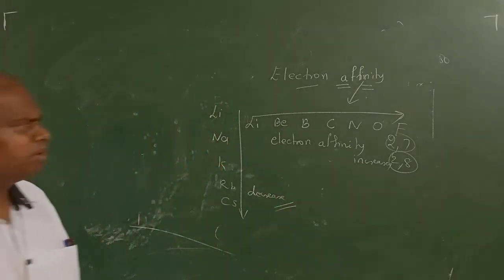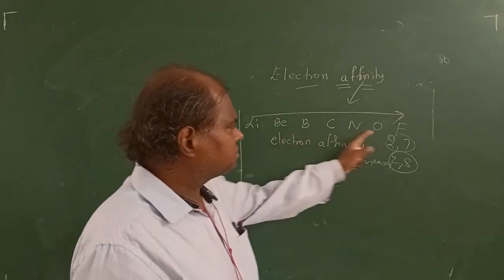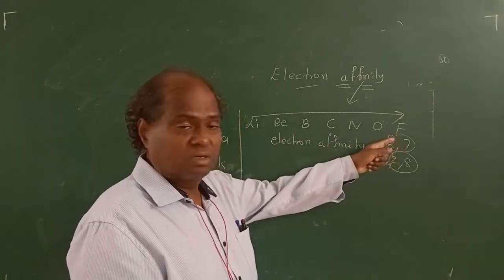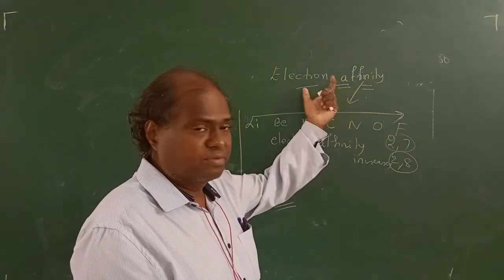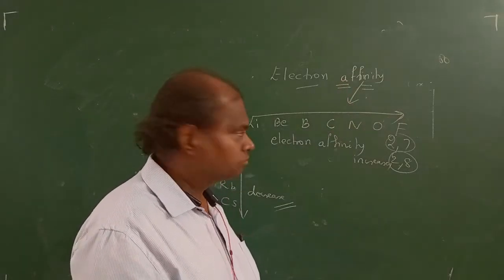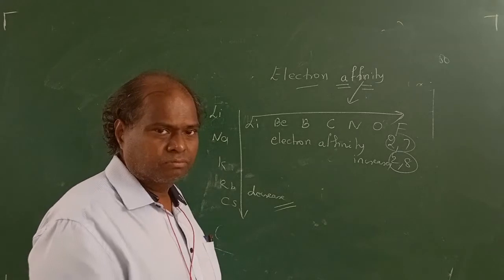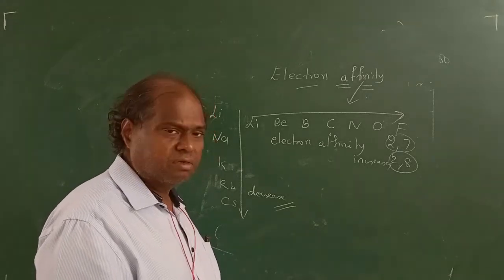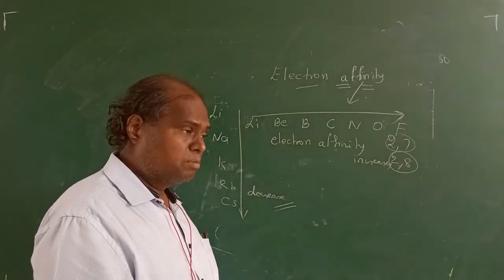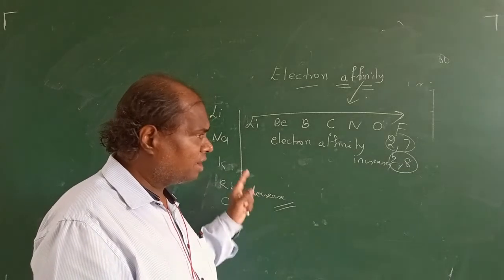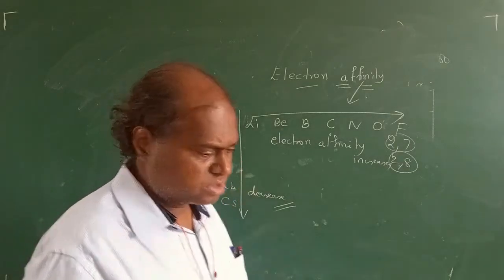So very important: across the period, it will increase. Fluorine has the highest affinity for electron. Down the group, it decreases. But here also you have some exceptions. Just give me 1 minute.